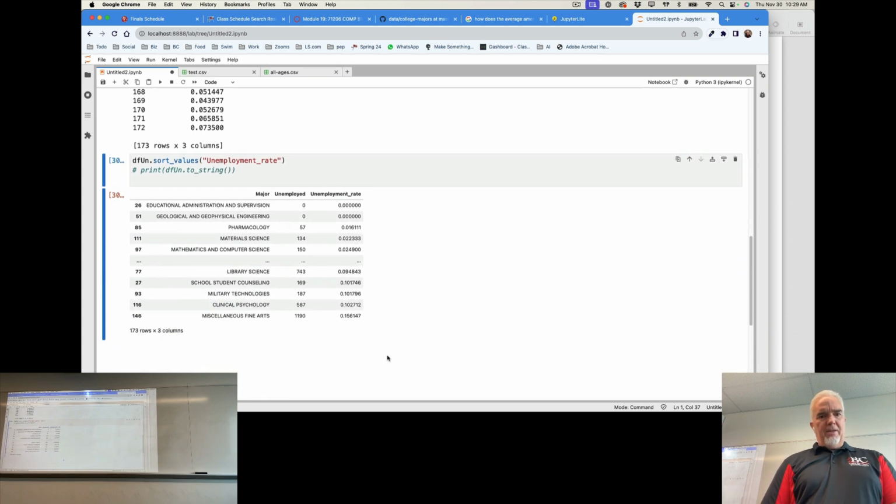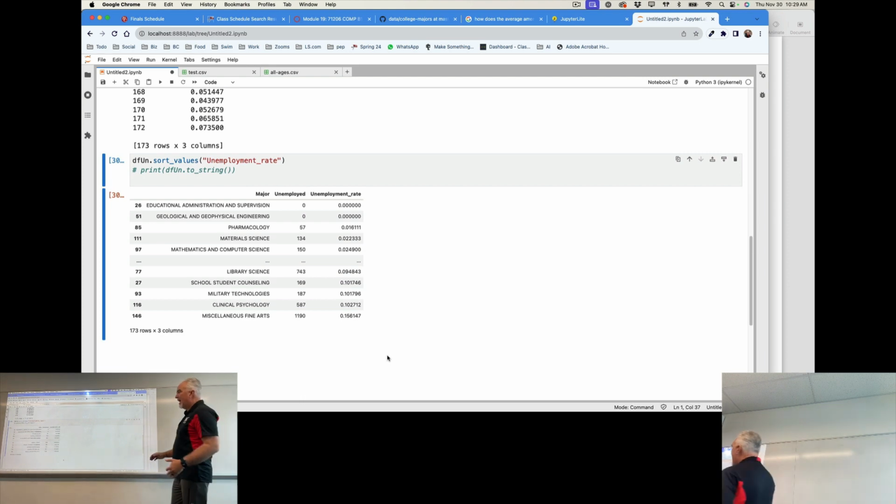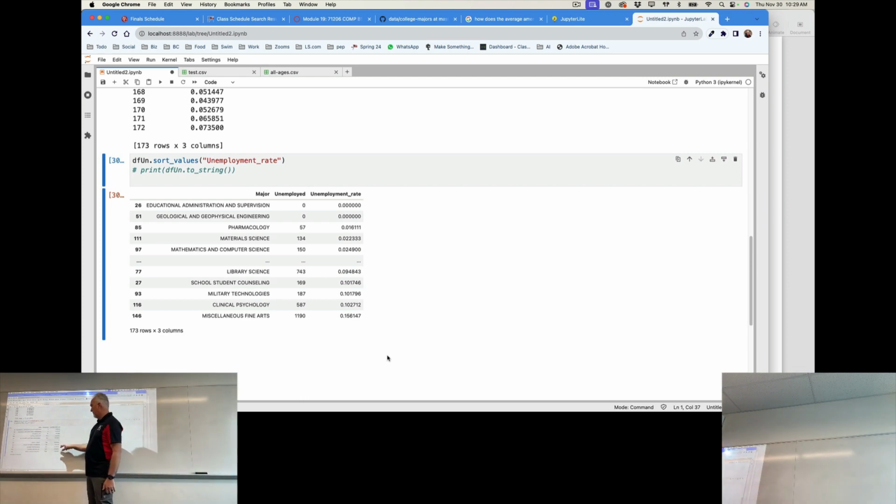So now the rate says what percentage of these are unemployed. The lowest percentages are educational administration and geophysical, those are zeros, so we can kind of blow those off. But pharmacology, so if you go to pharmacy school, that's pretty good. Material science, mathematics, and computer science have low unemployment rates.